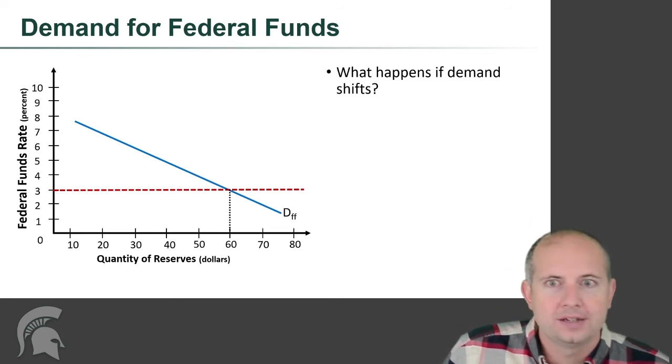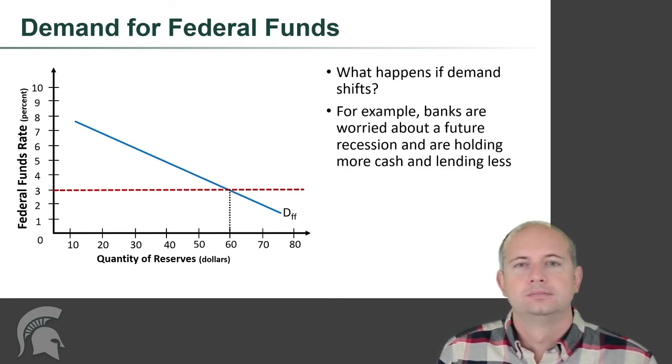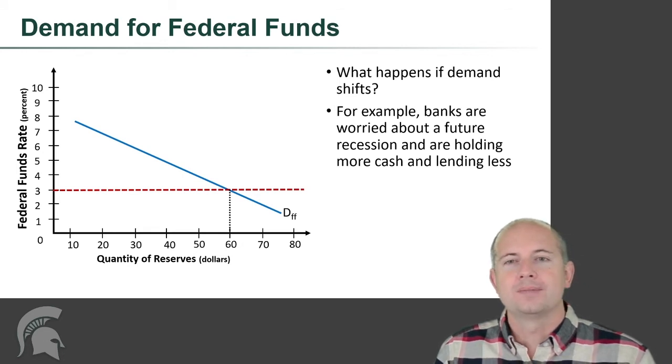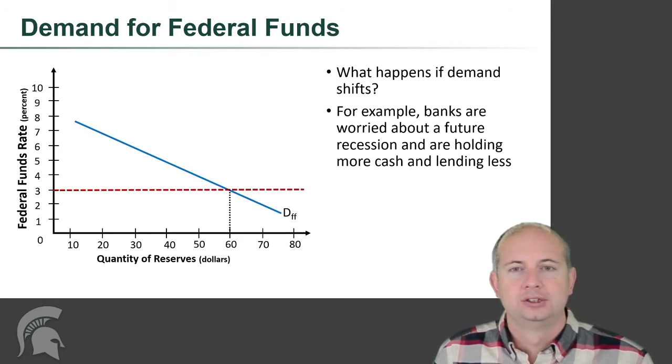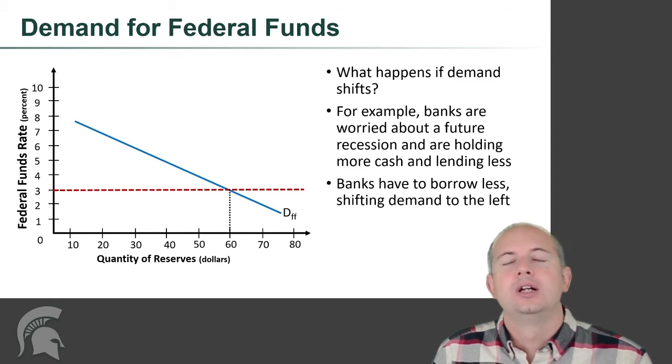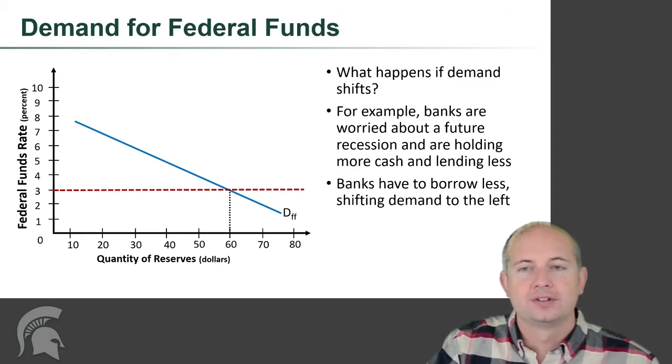What happens if demand shifts? For example, banks are worried about a future recession and are holding more cash and lending less. That means banks have to borrow less, shifting demand to the left.